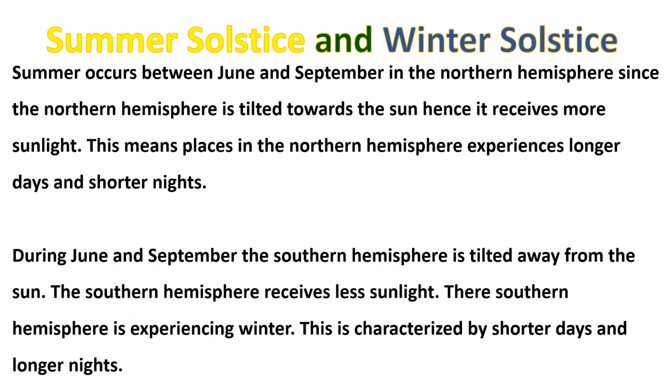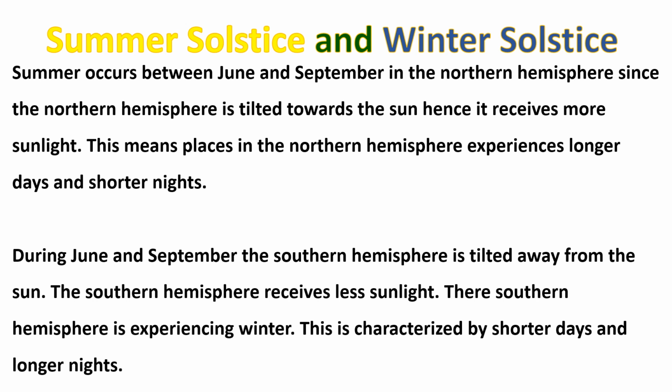Remember, we're talking about the tilting of the earth's axis. Please pay keen attention while I try my best to help you understand. During September to June in the northern hemisphere, the earth is going to tilt facing the sun, which means the northern hemisphere is going to receive longer hours of sunlight, and as it receives longer hours of sunlight, it gets very hot.